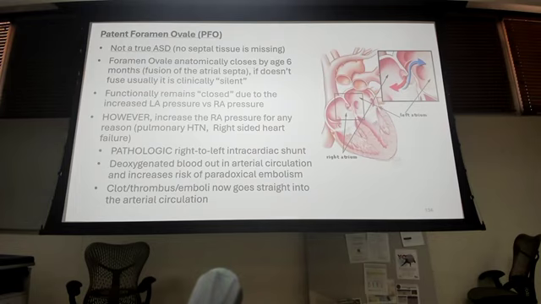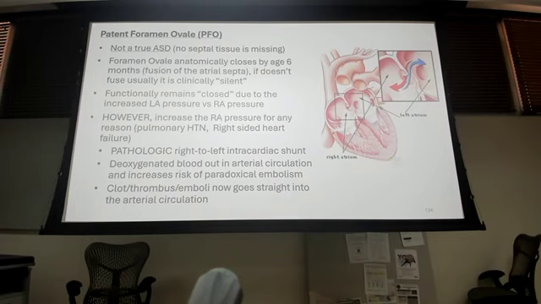That gets into the right atria, causes a rapid increase in pressure of the right atria. It causes that foramen ovale to open, and now that blood clot can get over into the left atria and enter the left circulation. Instead of being filtered out by the lungs, it is now in that left circulation, and it can cause embolic disease such as a stroke.